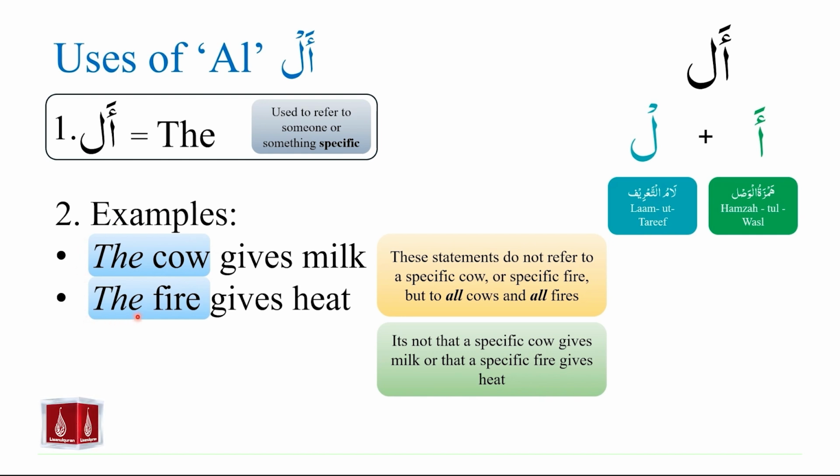When we say the fire, the here implies all fires. We're not talking about one particular cow or one particular fire. In its second use, al will also be used to refer to all. We will study some examples to apply it practically.